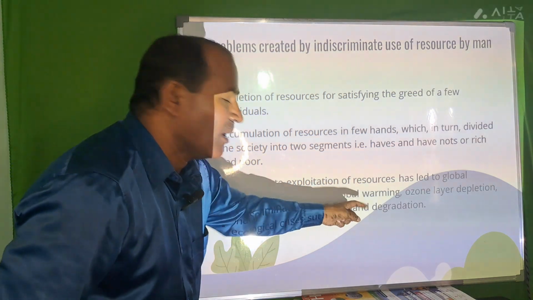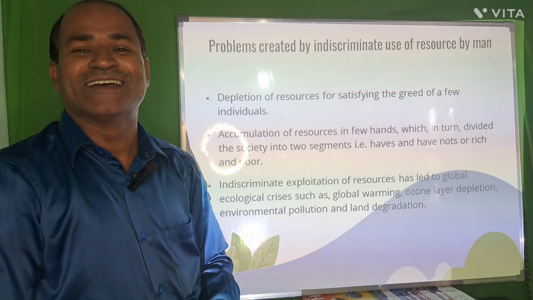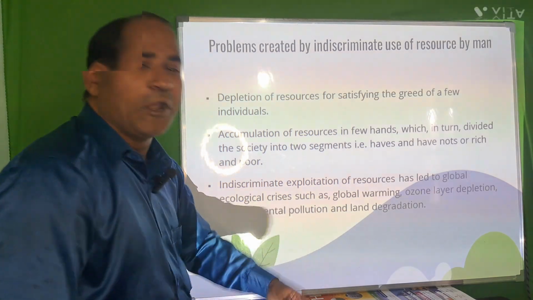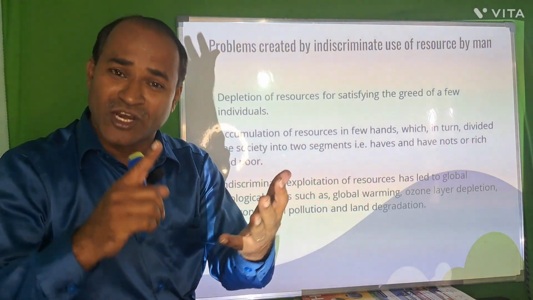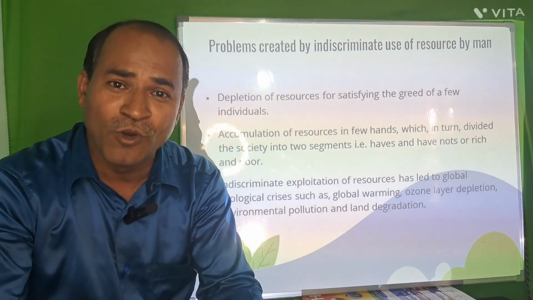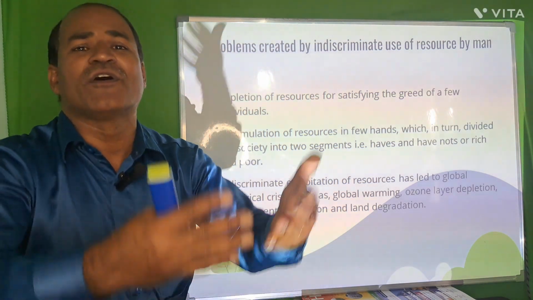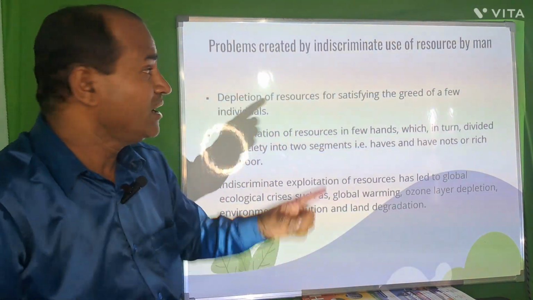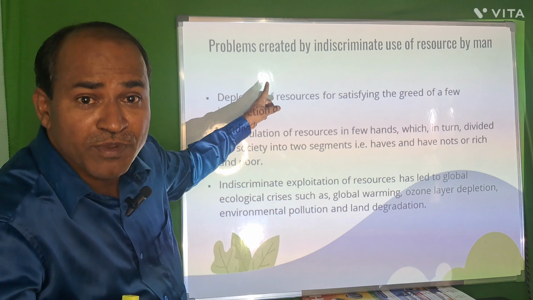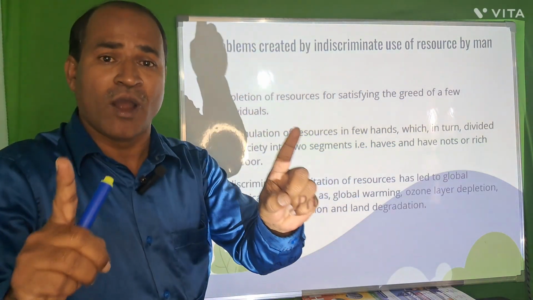Through global warming, ozone layer depletion, environmental pollution and land degradation. Either land degradation or soil pollution, environmental pollution, these are problems for the entire world. So we must understand these problems must be eradicated. These problems must be avoided.